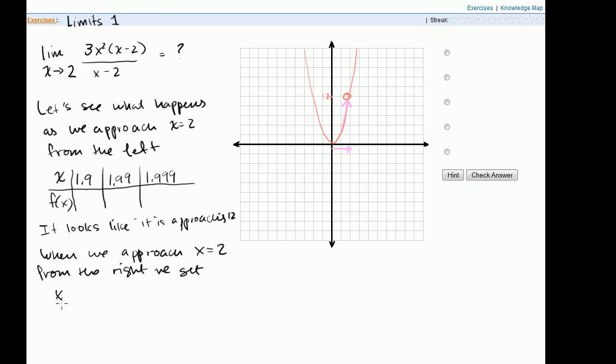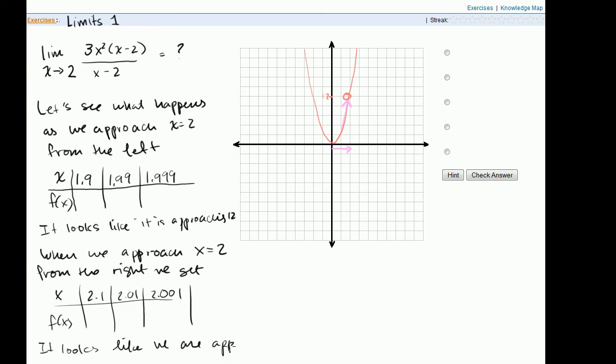We have x, and then we have f of x. We're approaching from the right, so we could do 2.1, and then you could do 2.01, and you could do 2.001, and so on and so forth. We're going to get numbers that are slightly left of 12. So once again, let's say, hey, it looks like we are approaching 12.